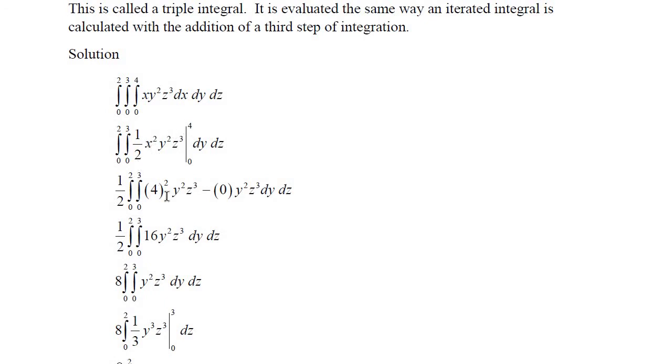That gives me 4 squared times y squared z cubed minus, when I plug in 0, 0 squared, which is 0, times y squared times z cubed, dy dz. And this calculates to 16 y squared z cubed, and then pulling the 16 out, 1/2 times 16 gives me an 8. Now I'm going to integrate with respect to y.